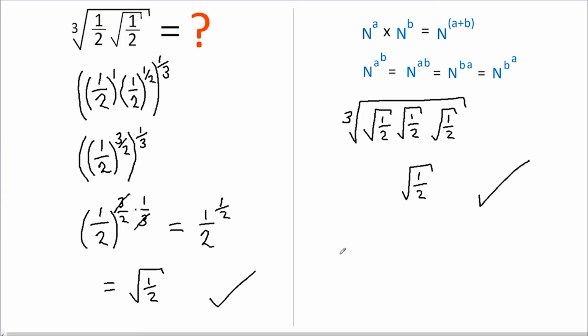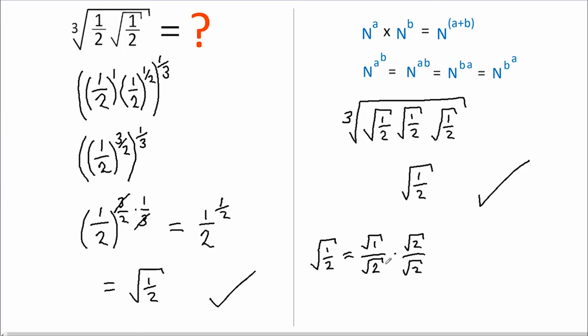I should also add that a root of a half is not a very good way to leave this. It looks a bit untidy. So let's rewrite this as the root of 1 over the root of 2. Then multiply this by the root of 2 over the root of 2.